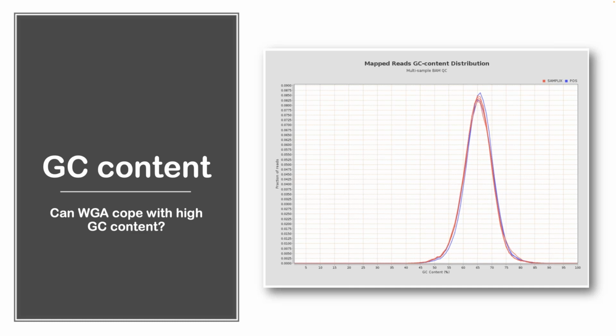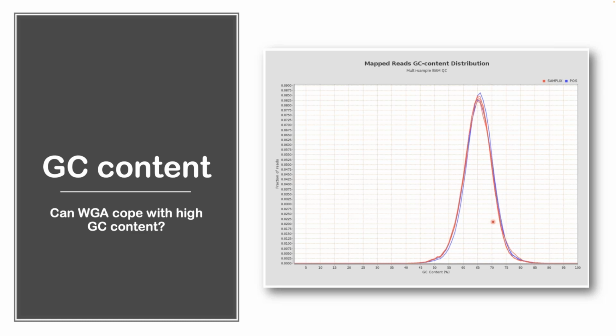So next, we looked at whether droplet amplification could cope with MTB's high GC content of about 65%. And this plot illustrates the GC content distribution of the raw reads, the FASTQs, across the control sample in blue, and all the droplet MDA WGS samples in the red lines.